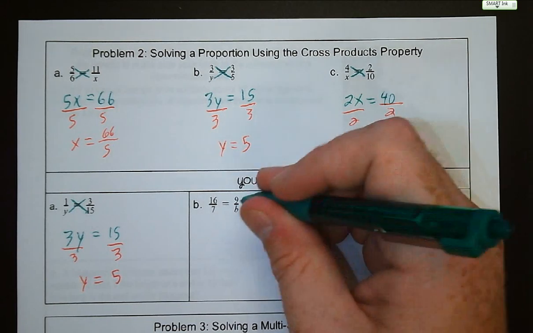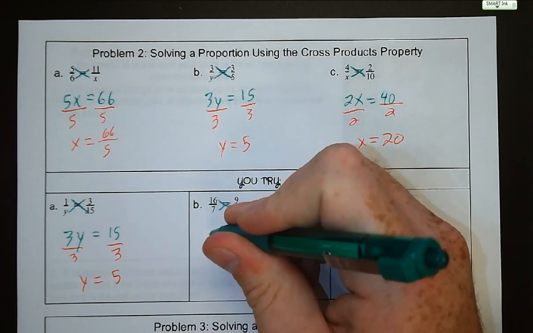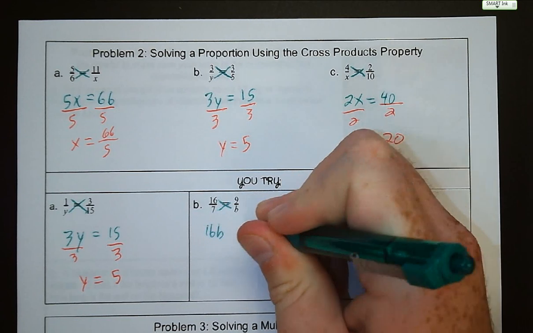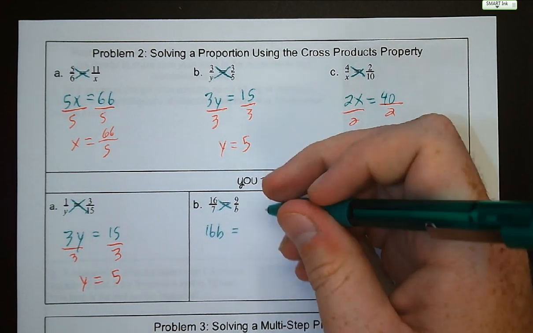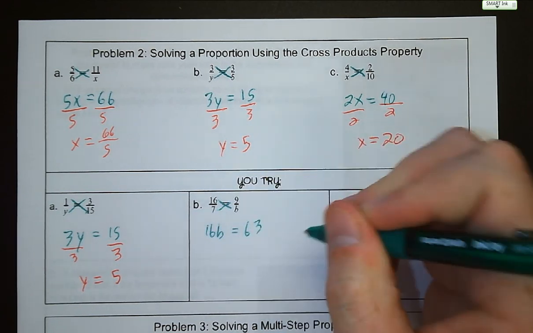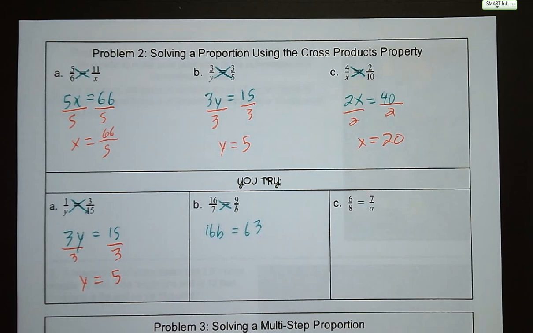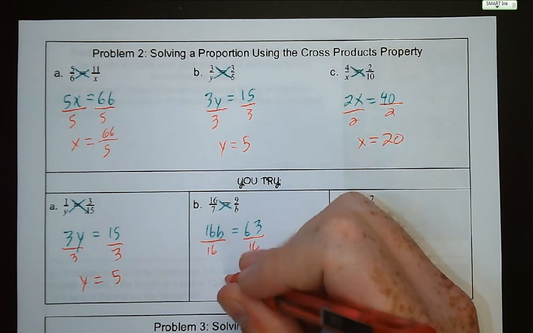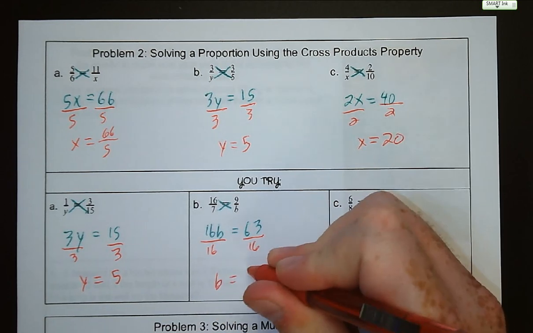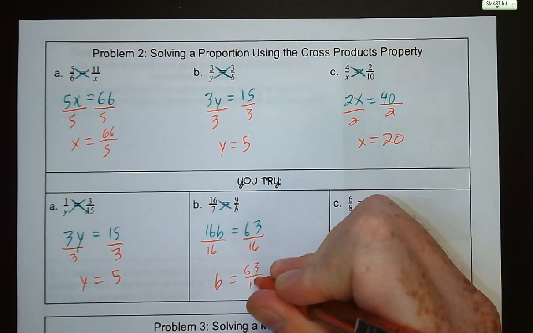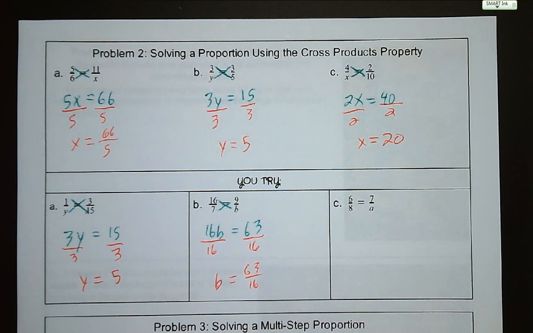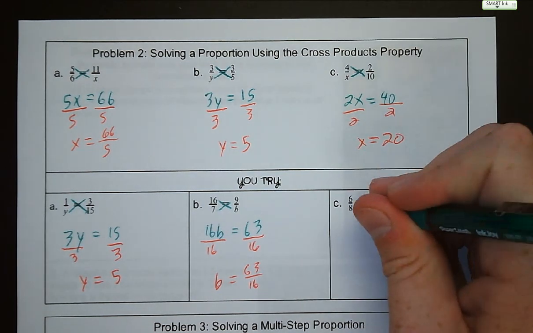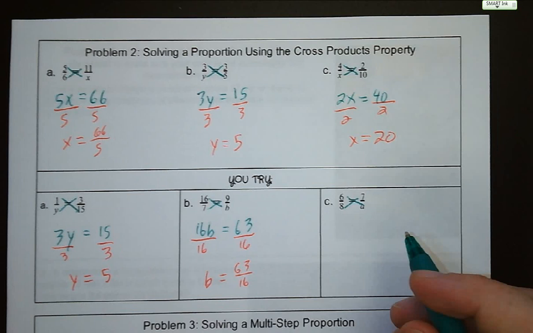Cross multiply. We get 16b is equal to 63. Divide both sides by 16. And b is equal to 63 over 16. You can just leave it as a fraction. That's just fine. Last one, letter C.